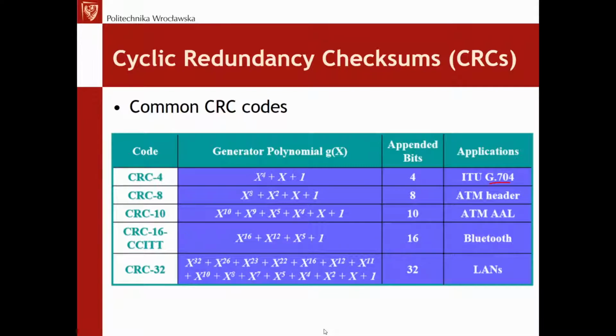In Bluetooth, so I mentioned wireless communications, Bluetooth is using these polynomials, which you can easily use for your own purposes when transferring 16 bits. If you want a 16-bit block added to your information, or if you have more space to spend on the detection capabilities of your data transfer, then you can use the CRC32.